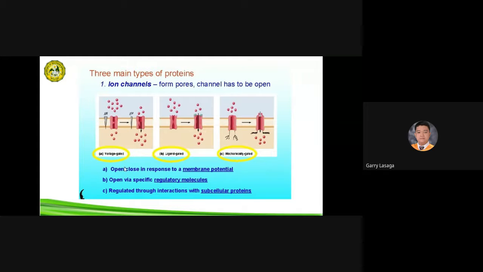So for example, these are usually present in the neuron and the cardiac muscle or the cardiomyocytes. When the membrane is depolarized, this will create an action potential, and that action potential will open this particular voltage-gated ion channel.